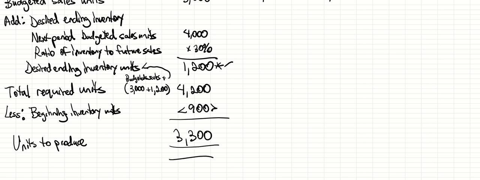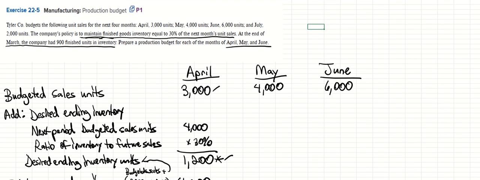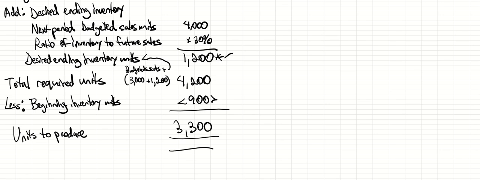All right. So let me go back up here with the beginning inventory units. So in this scenario, it shows that at the end of March, March has an ending inventory of 900 units, and it's finished units. And so you see here in the April budget it is listed as beginning inventory.